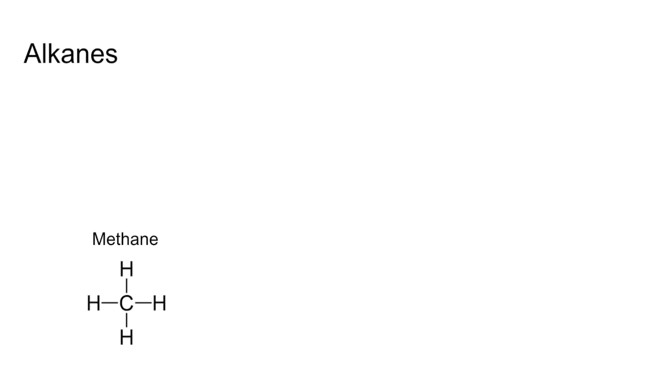In methane, the one that we looked at last time that we said is the very simplest organic compound, all those bonds are with hydrogen atoms. So there's 4 hydrogen atoms bonded with those 4 valence electrons.